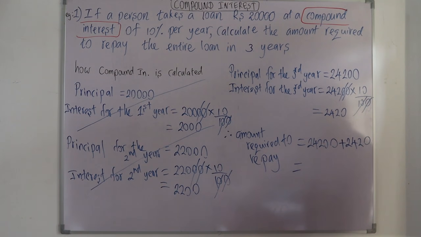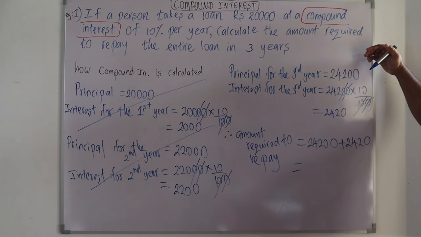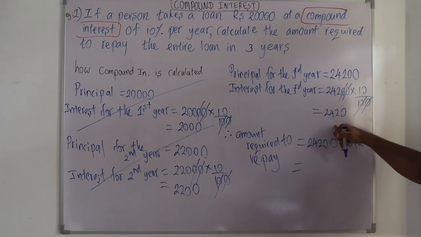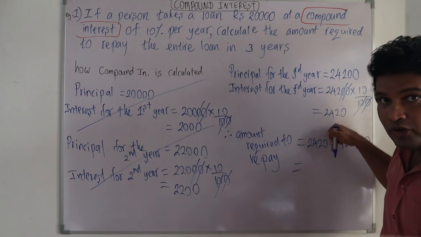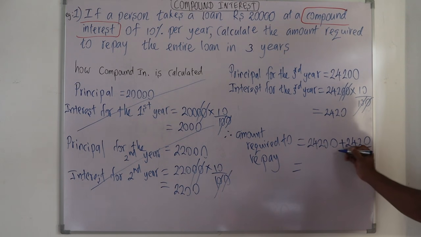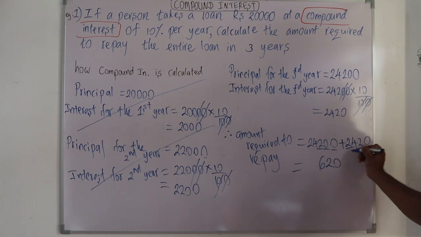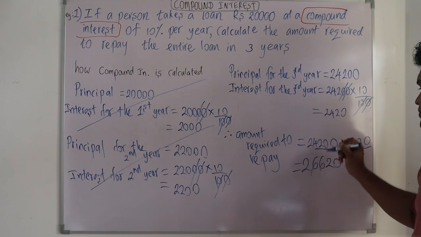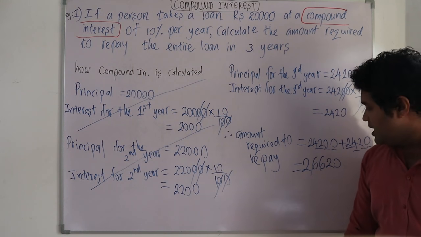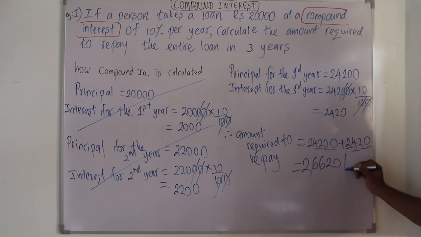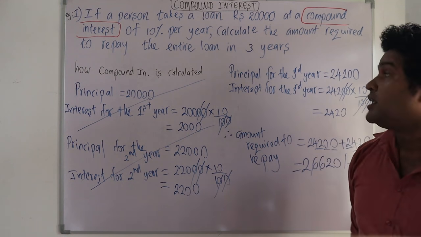We have to add the balance at the beginning of the year and the interest at the end of the year. It is 26,620 rupees. This is the answer for the prepayment, that is, the settlement.